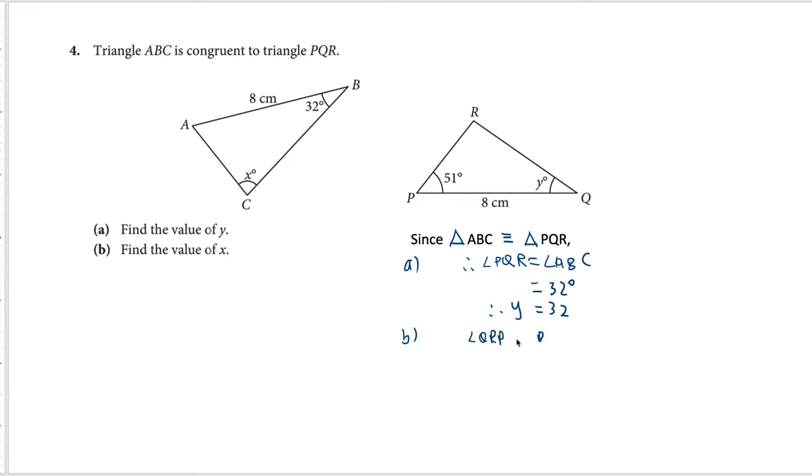Right, actually we have to find the angle, so the angle QRP plus 51 degrees plus y degrees is equal to 180, and this is the angle sum of a triangle.